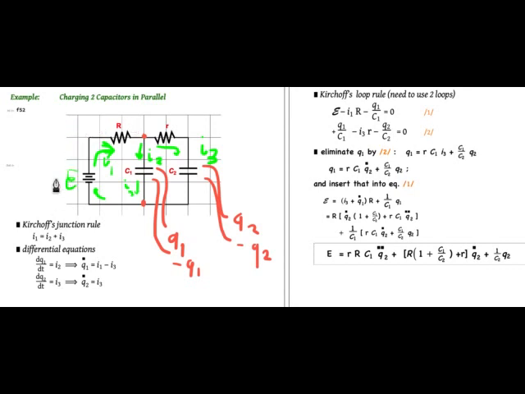Now, there have to be relationships between the currents and the charges. So again, looking at the picture here, Q1 comes from the current I2 flowing into the capacitor and away from the capacitor.